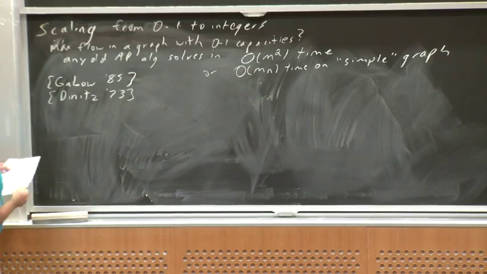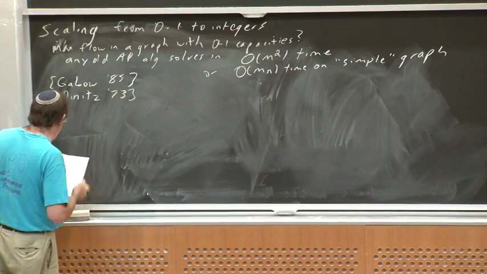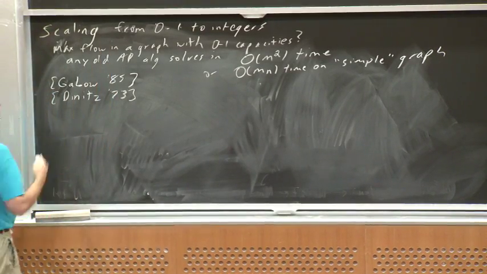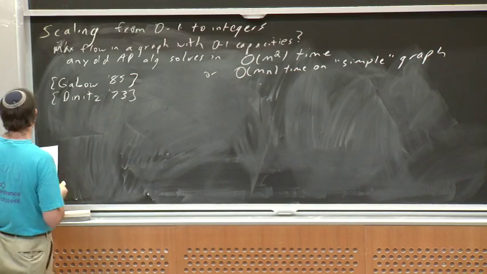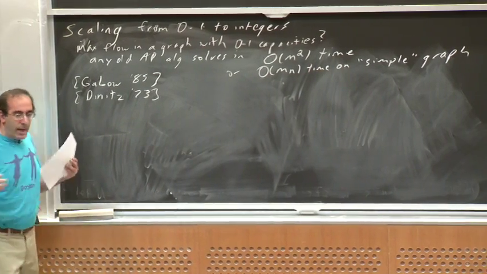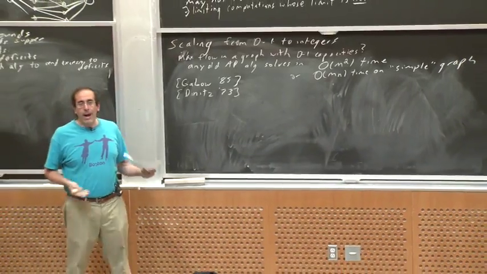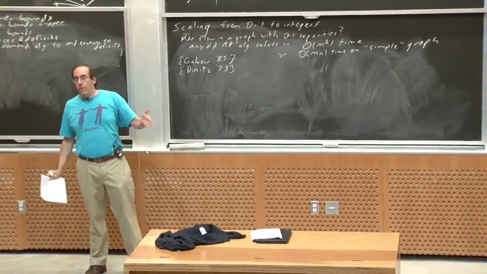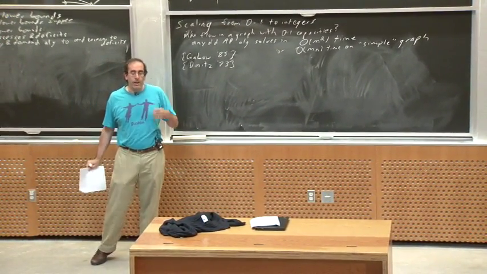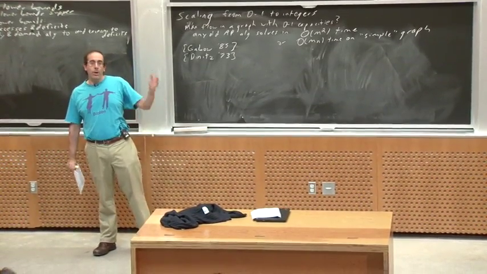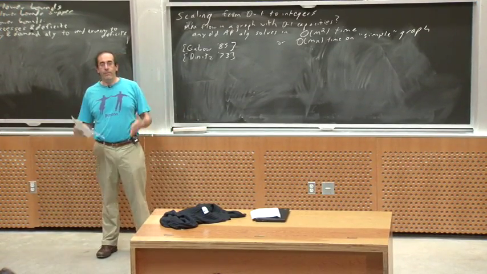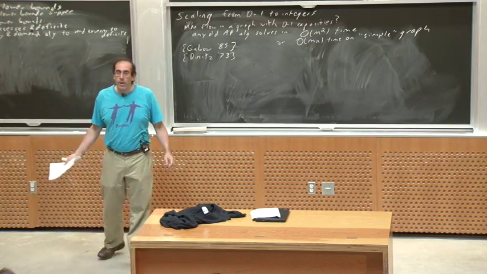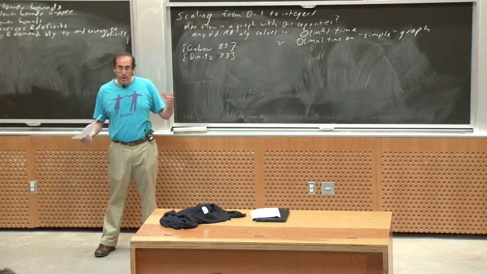So the general idea is to apply a 0-1 algorithm to arbitrary integers. And in a sense, it's the opposite of rounding. We know how to round off numbers: we take every number and we drop the lowest digit, and now we've simplified the numbers in some way. Well, scaling is a continuation of that.